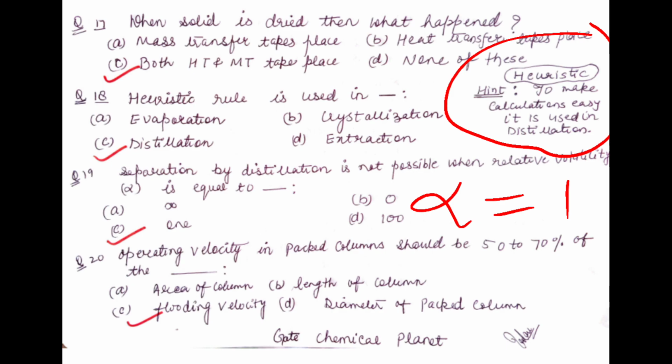So it should be 50 to 70% of the flooding velocity. This question is quite similar to question number 11, where it was asked how many times the flooding velocity the operating velocity is. So this question basically covers two questions: operating velocity in a packed column is how many times the flooding velocity, and it is 50 to 70% of the flooding velocity.